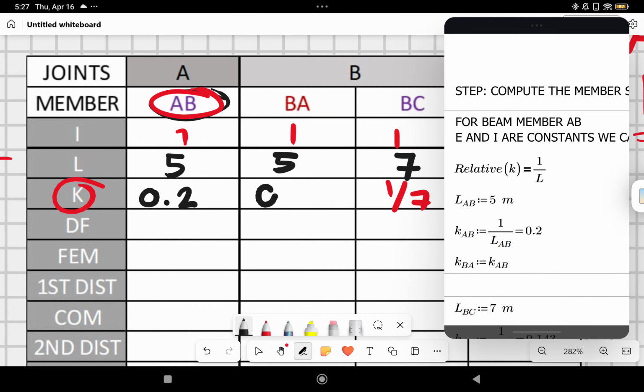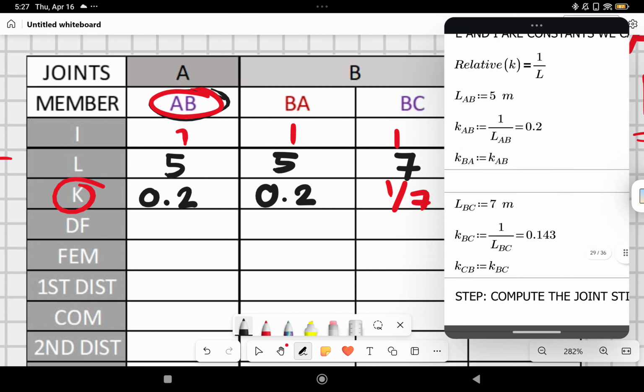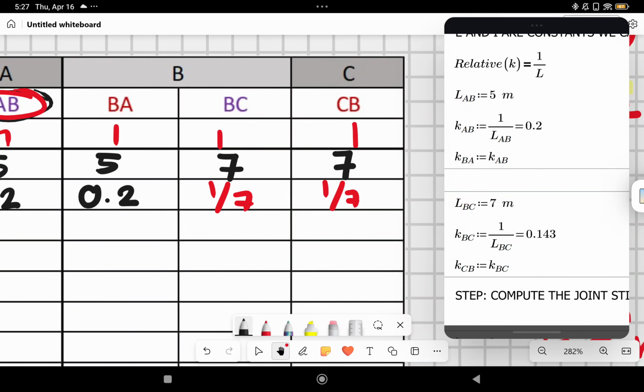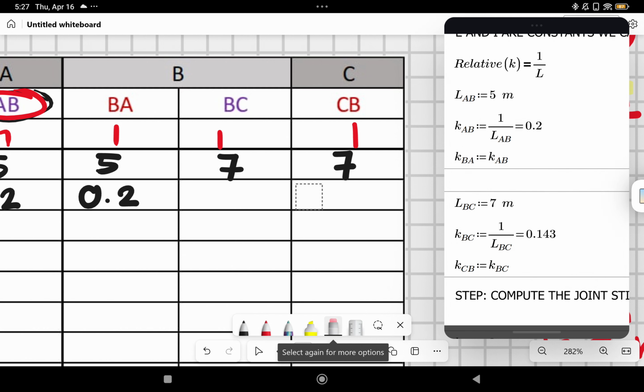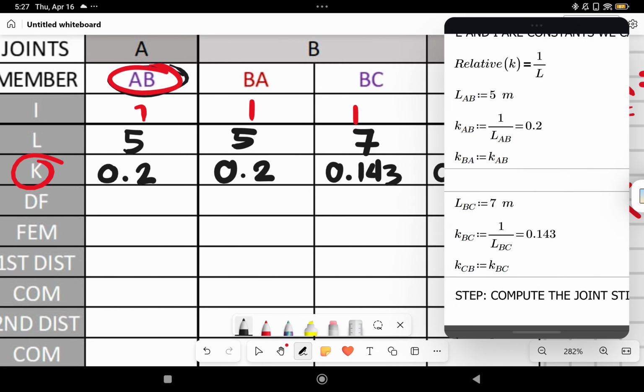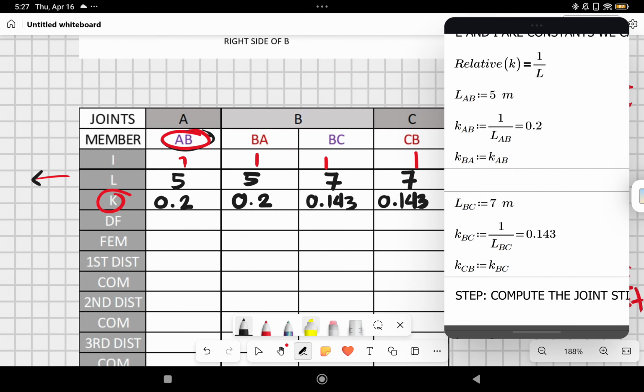And then BA is the same, 0.2. And then 1 over 7, that is equal to 0.143. Okay, so those are the stiffness. So we have filled it up.